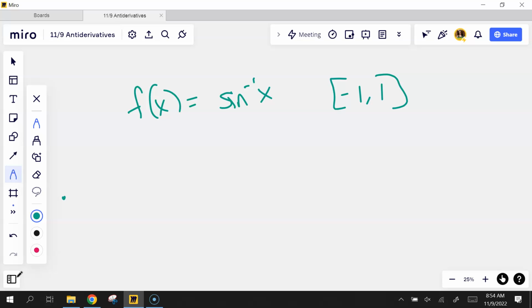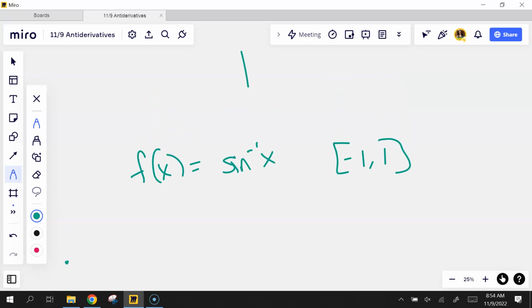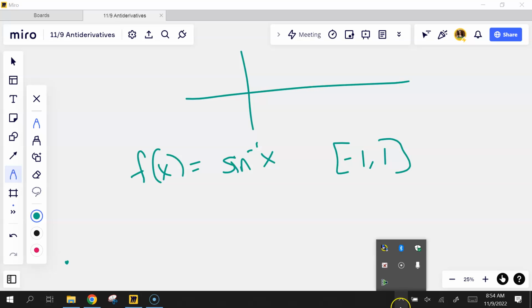So inverse sine, the domain, remember inverses are x and y switched, right? So let me show you that first. We didn't spend a long time doing sine before inverse sine in pre-cal, but let's go pi over 2.